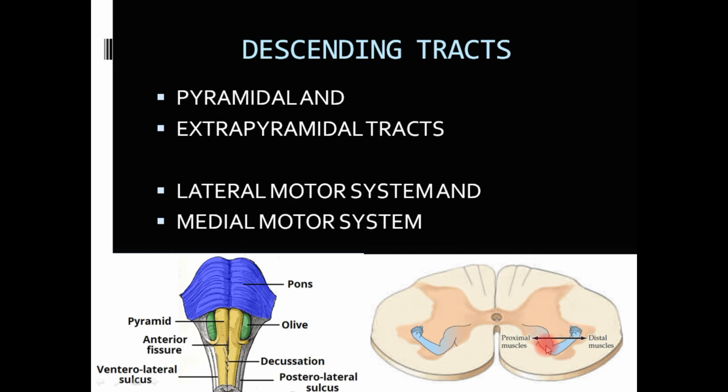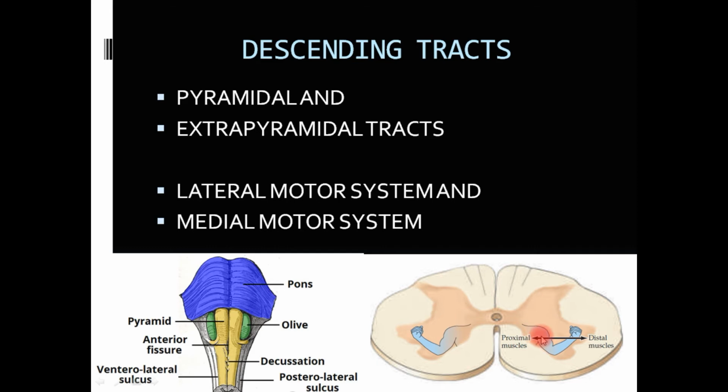And as you can see in our body part, the distal end or the lateral end is situated laterally in the spinal cord. The cell bodies of the neurons which supply the distal group of muscles, like our fingers and palm, are situated laterally in the gray matter. As we go medially, the cell bodies of the neurons which supply the proximal muscles and the axial muscles are situated medially.